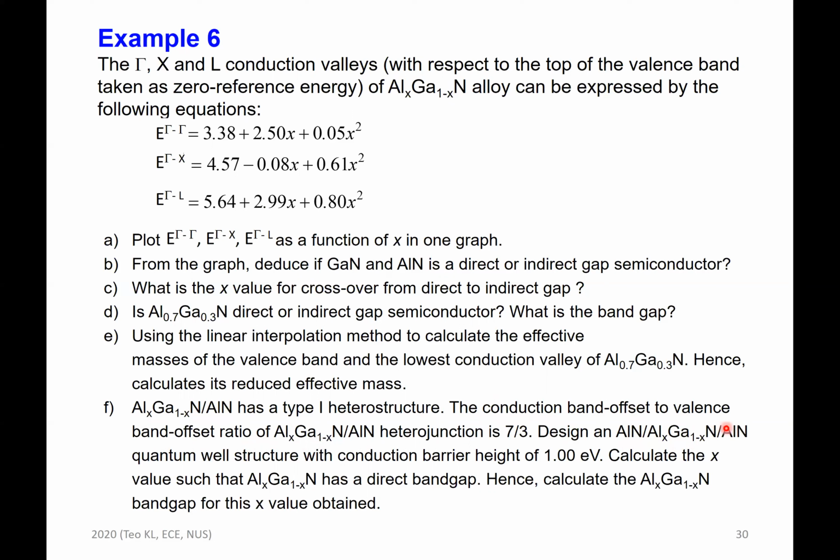Aluminum nitride is the barrier with a conduction barrier height of 1 eV. The conduction barrier height is the same as the conduction band offset. Calculate the composition such that aluminum gallium nitride has a direct band gap, and calculate the band gap for the value that you have obtained.